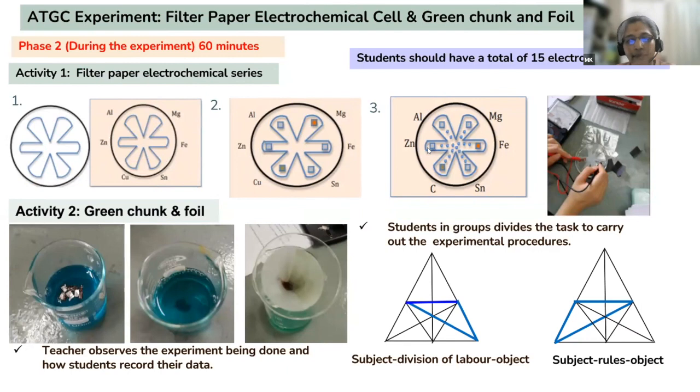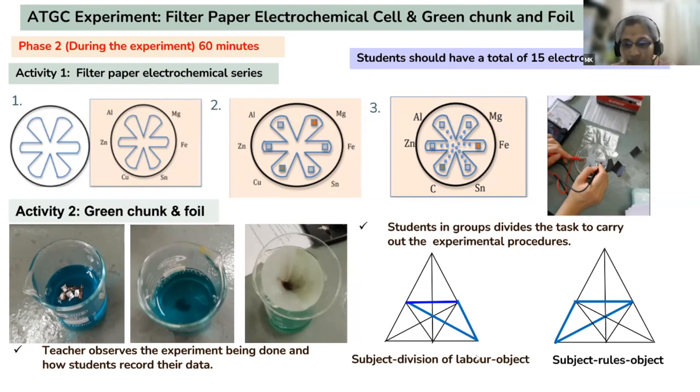Then they measure the voltage, and come out with a table listing the voltage readings of the metals. So in this section, what we can see is subject, division of labor, and object.